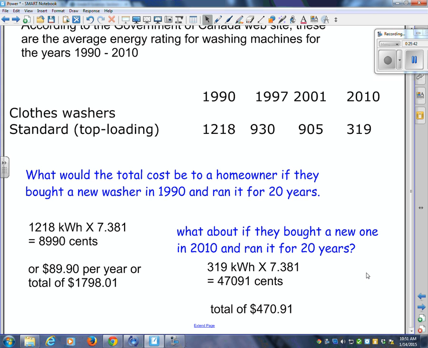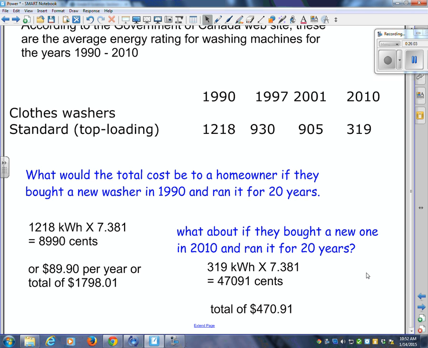They multiplied, do you see the 7.381 cents? It's in dollars there, right? It's $135.29. What's that basic charge, 7.28, you think? No, the 7.381 is per kilowatt hour.